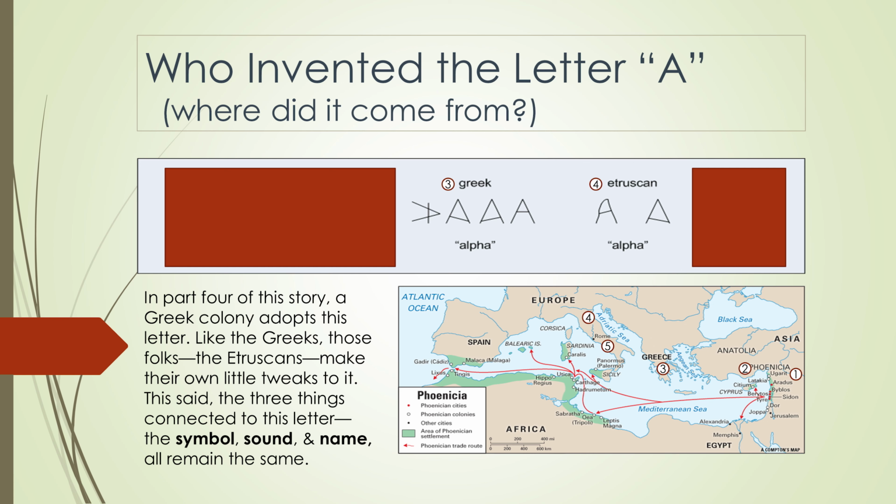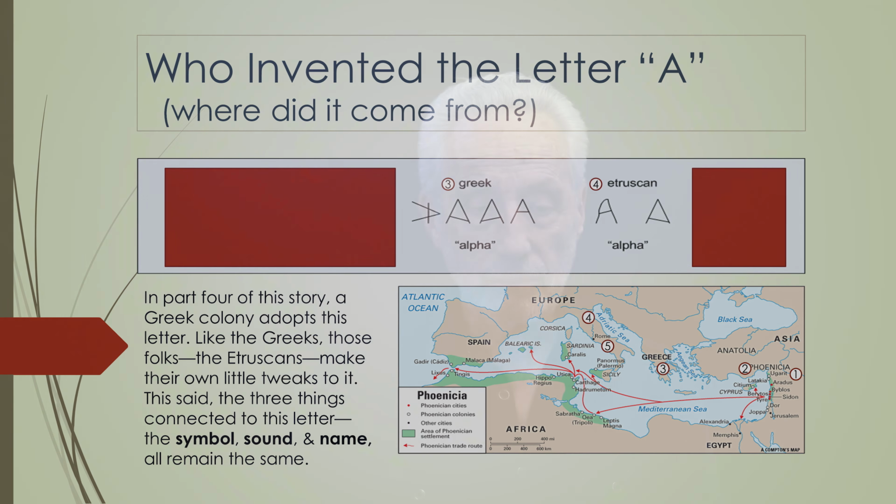Those are both in those two symbols in the Etruscan version of the A. And you can also see that more or less the symbol is very much the same. The first A is a little bit curvy, but that's not in the Greek version. But nonetheless, you can see how it moved from number 3 to number 4, from the Greeks to the Etruscans.